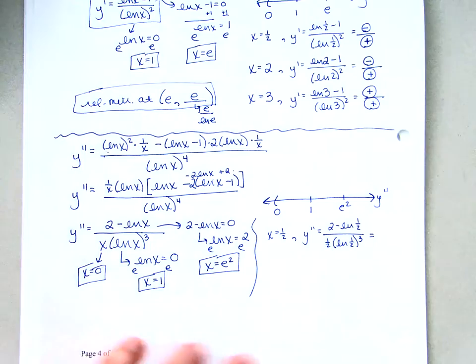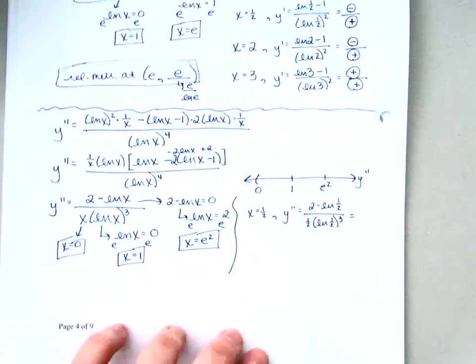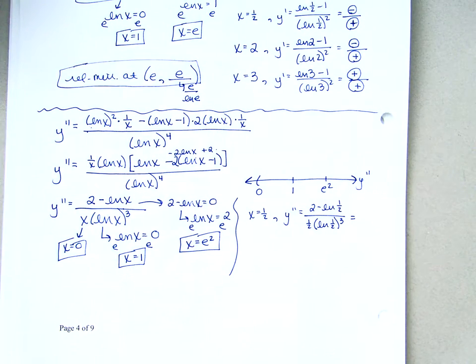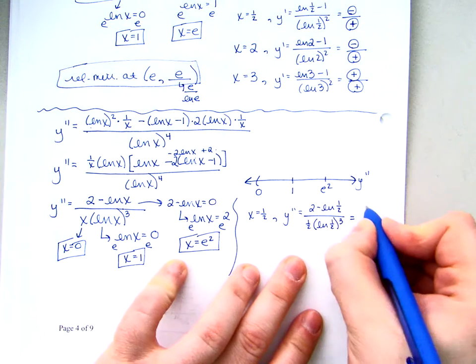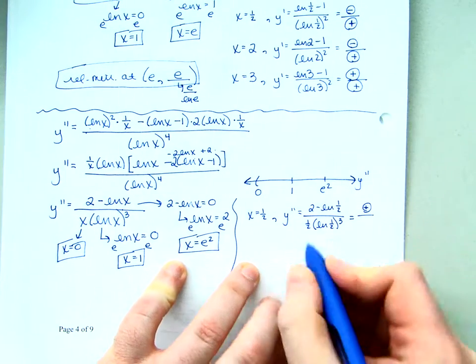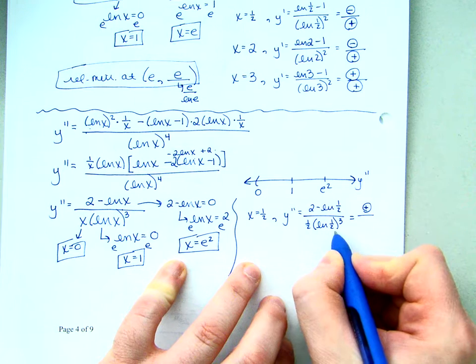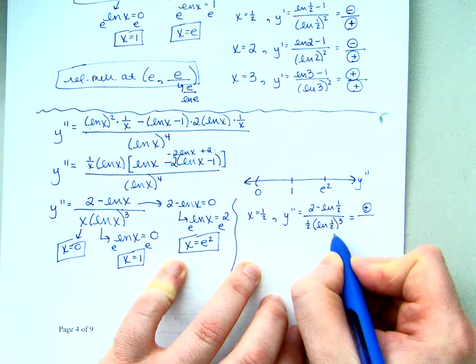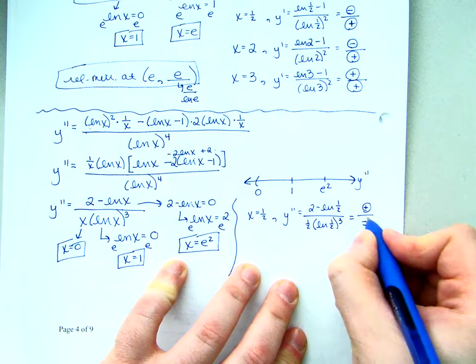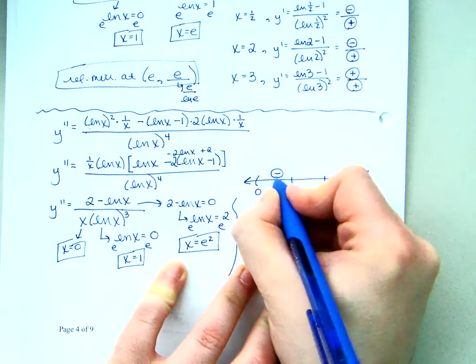No, the cube makes it not that. What is the natural log of 1/2? Something negative. So 2 minus something negative will give you something positive up top. 1/2 is certainly positive, but natural log of 1/2 is negative. A negative cubed will be negative. So that region will be negative.